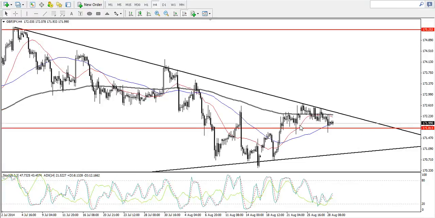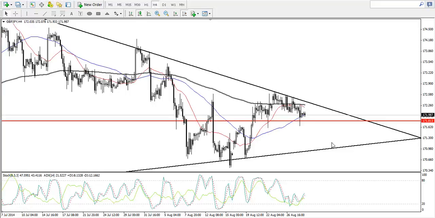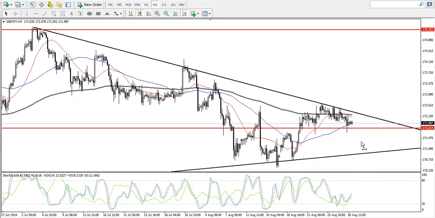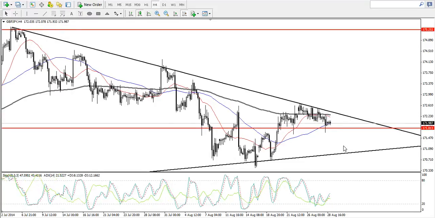But if you would like to wait for a better price, you just have to wait for the price to come all the way back down to the rising trend line here. So the decision is yours.